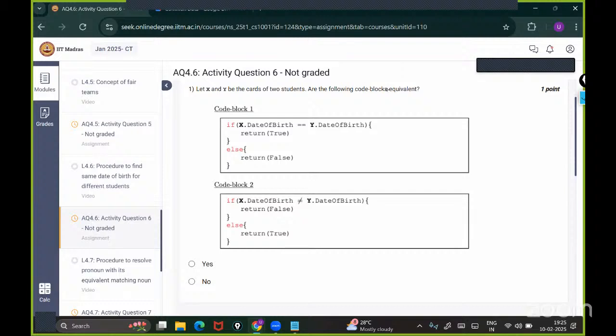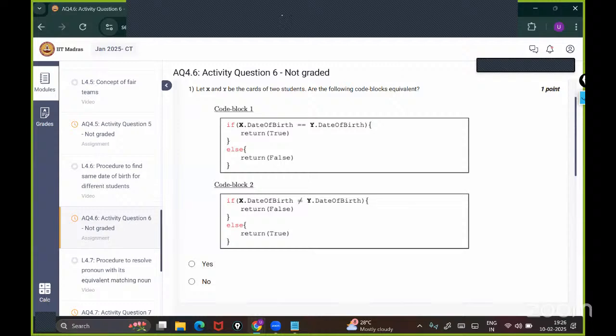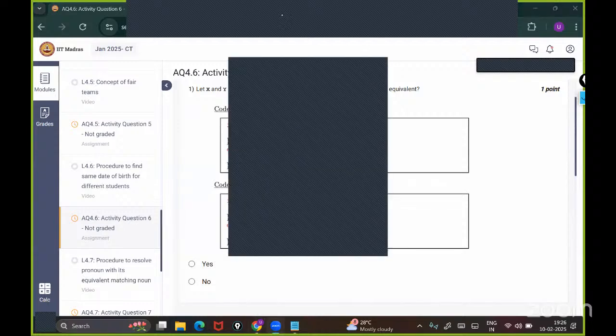Same. How is it the same? Because when X and Y date is equal, then it comes true. And when not equal, then it comes false. Okay, good.